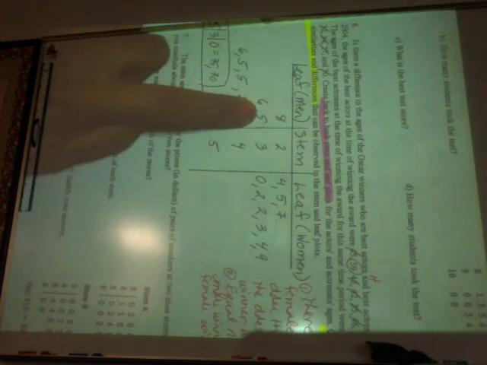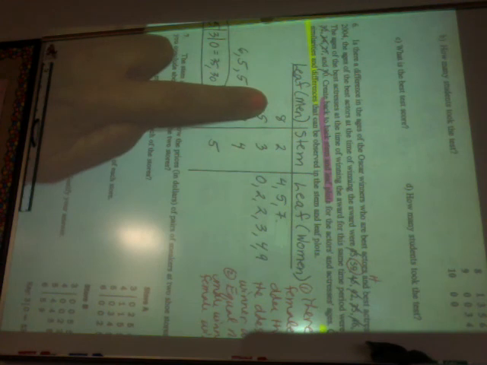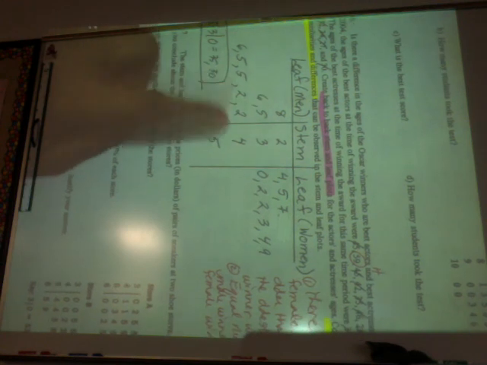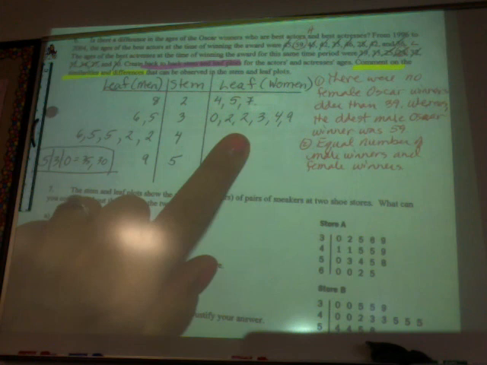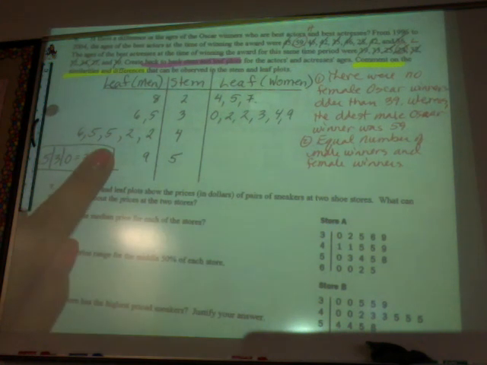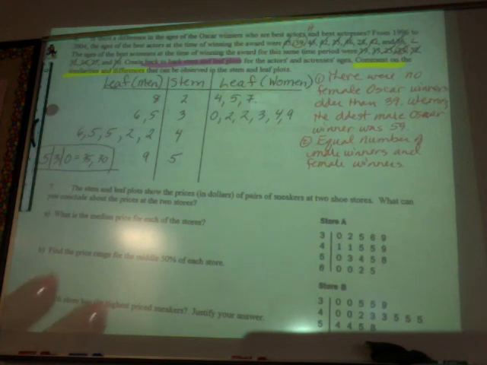Now, mind you, this is kind of backwards. It is slightly skewed towards the younger ages, right? However, there's quite a few men in their 40s that won, right? So more women won in their 30s versus more men won in their 40s, didn't they? So that's something you can note as well.